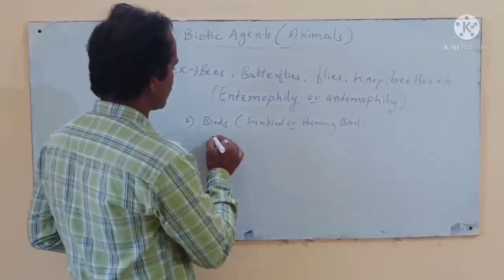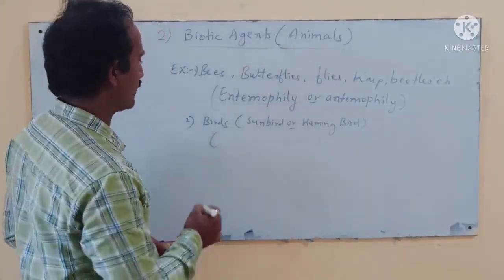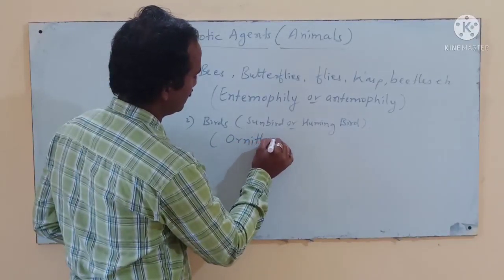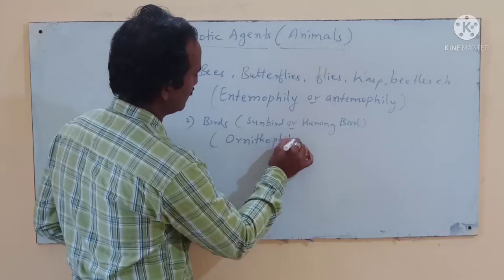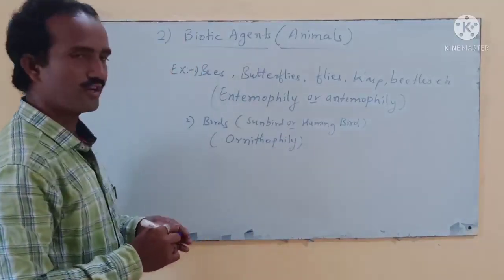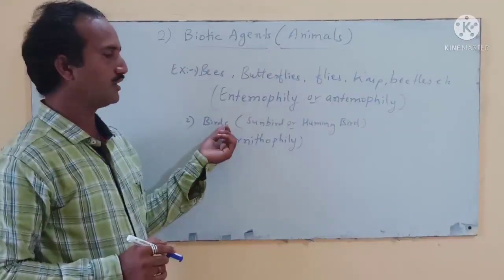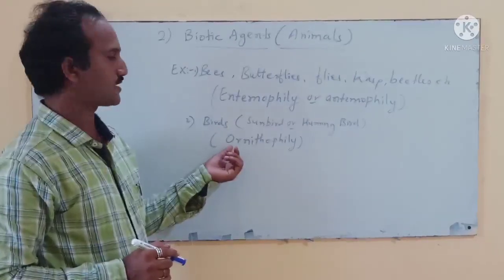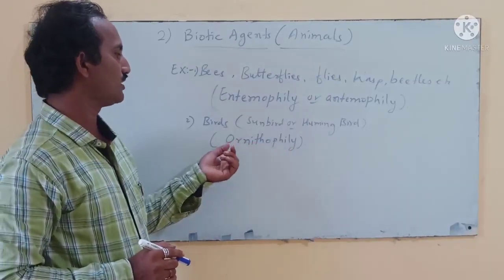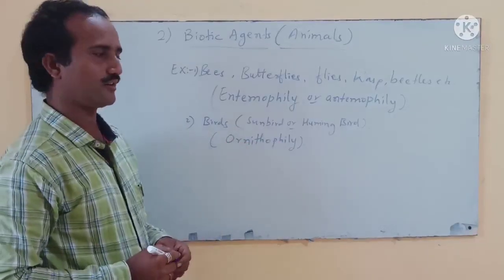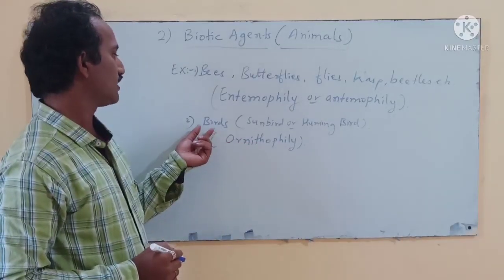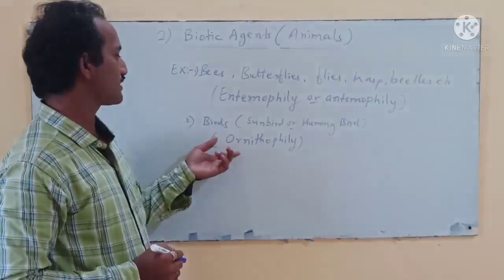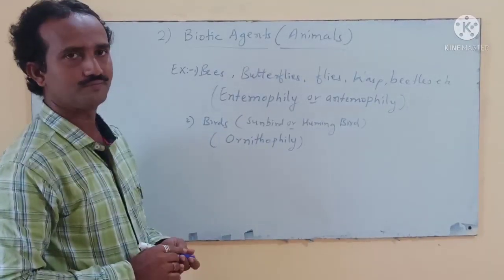That type of pollination is called ornithophily. So pollination by birds is called ornithophily. As you know, the study of birds is called ornithology, so here we say ornithophily.